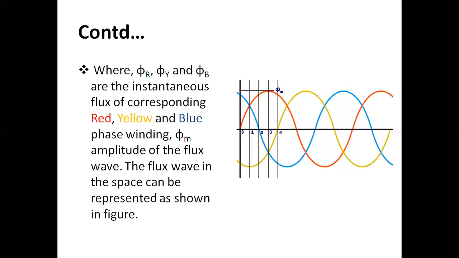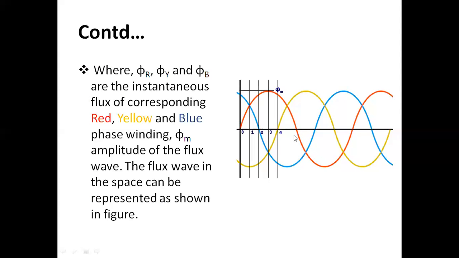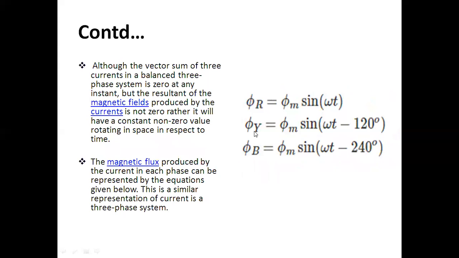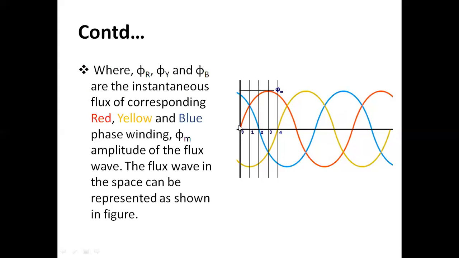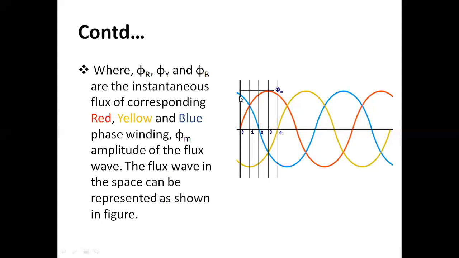So phi r is phi m sine omega t, phi y, the yellow phase, is phi m sine (omega t minus 120 degrees), and phi b, the blue phase, is phi m sine (omega t minus 240 degrees). So this is the graphical representation of the three-phase flux that we have seen.